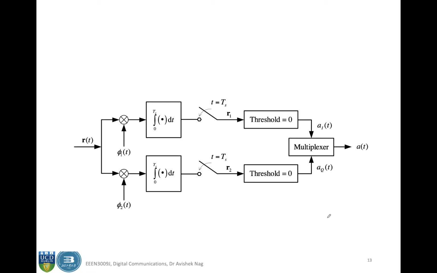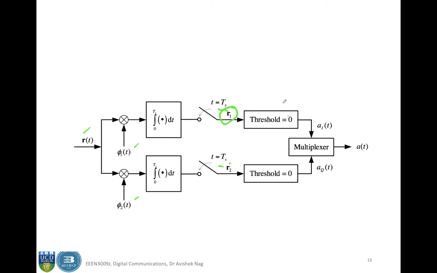Okay, and then the receiver for the QPSK will look like this. So where you are taking the received signal and correlating with phi 1 and phi 2, sampling them every ts seconds, and then you are checking whether R1 is positive or negative.